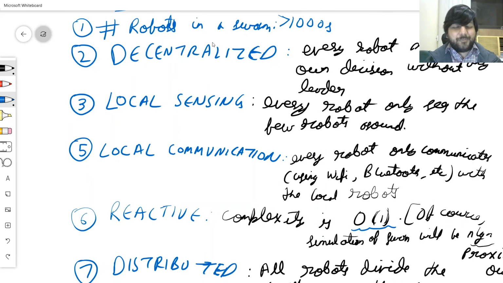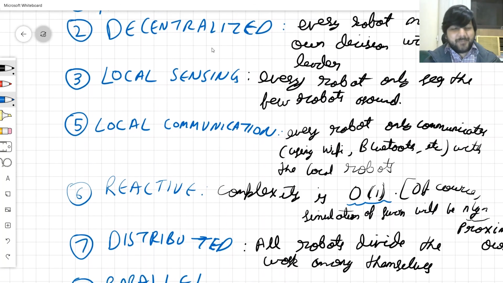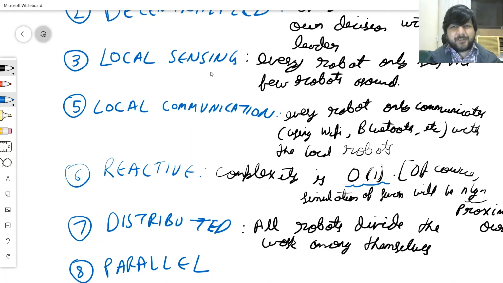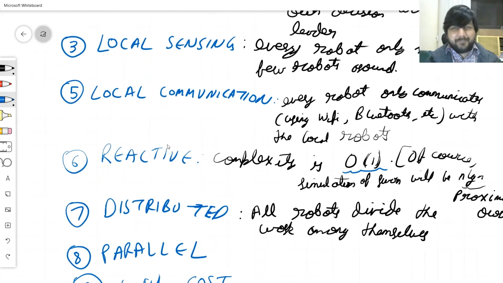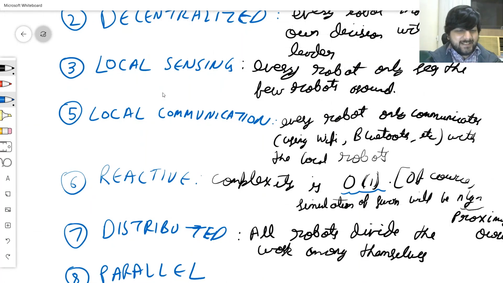Multi-robot systems could be both centralized and decentralized, sometimes a mixture of both. The multi-robot system uses a lot of global information for different kinds of things. Based on global information, they could decide that the route they are taking is going to have problems pretty soon, so let's take something else.